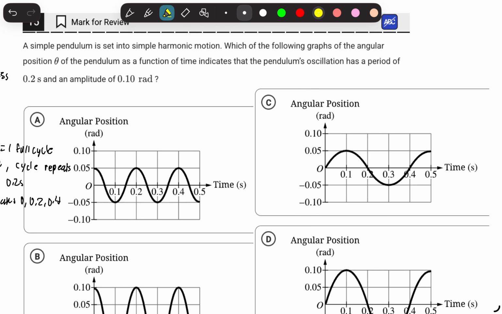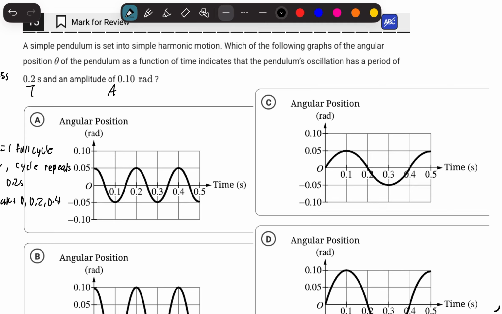Okay, so a simple pendulum is set into simple harmonic motion. Which of the following graphs of the angular position theta of the pendulum as a function of time indicates the pendulum's oscillation has a period of 0.2 seconds and an amplitude of 0.1 rad? So we can see here we want to reach positive 10 and negative 10.